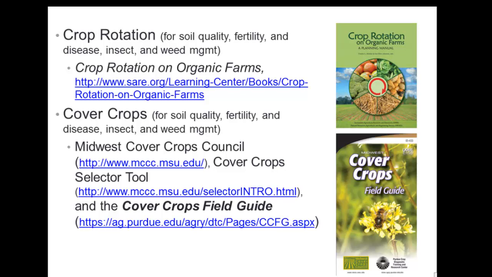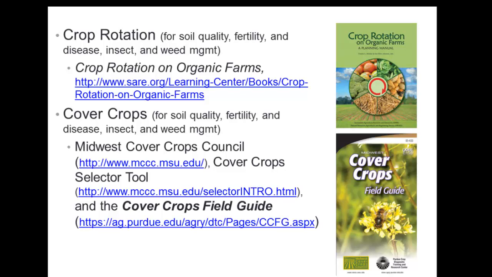There is a very good book available either to order or to simply download as a PDF. It's from the SARE, the Sustainable Agriculture Research and Education Program, on crop rotation on organic farms. Some of it moves to the vegetable scale instead of just large-scale cropping. It's very good, and again, you can either order a printed copy or you can get it as a PDF.